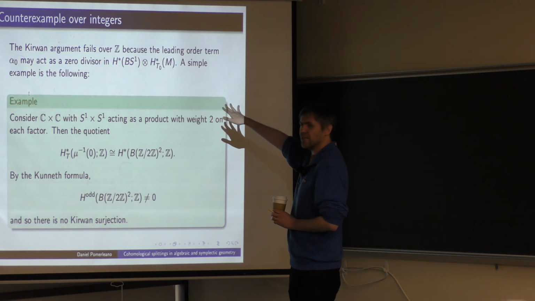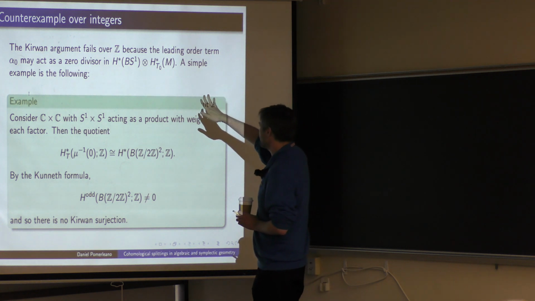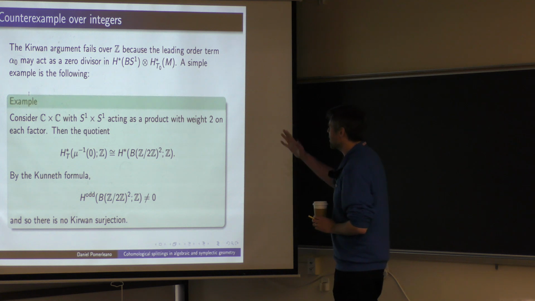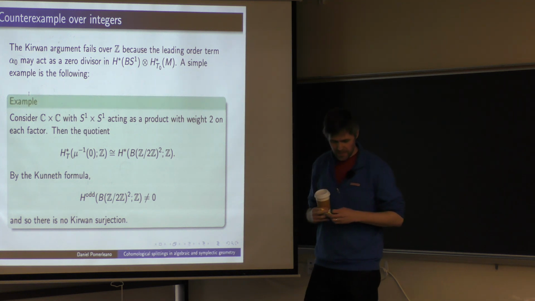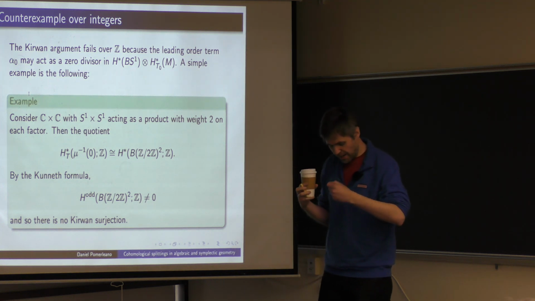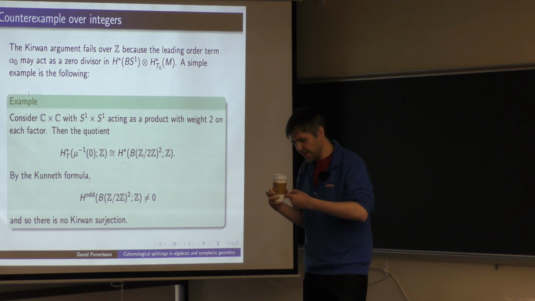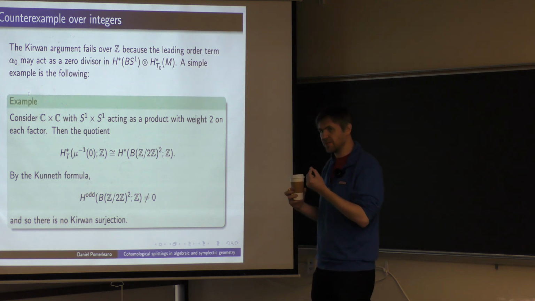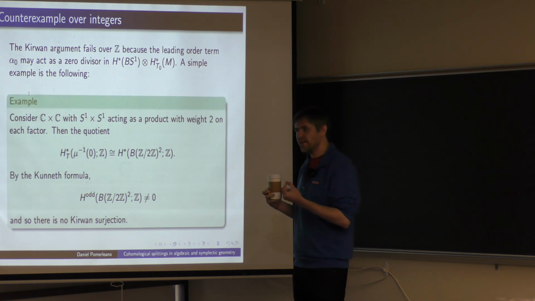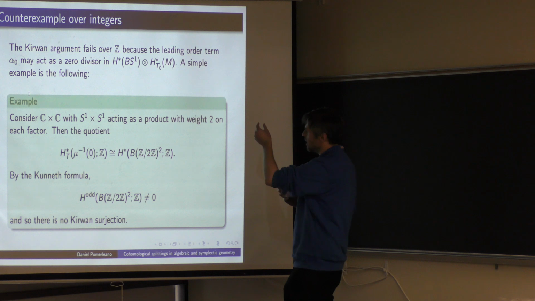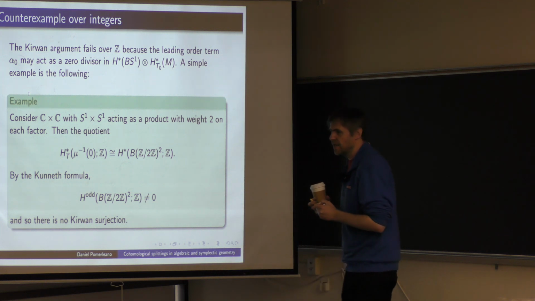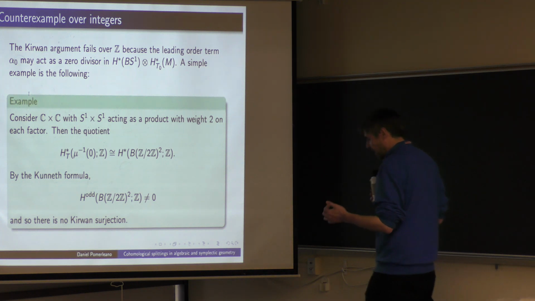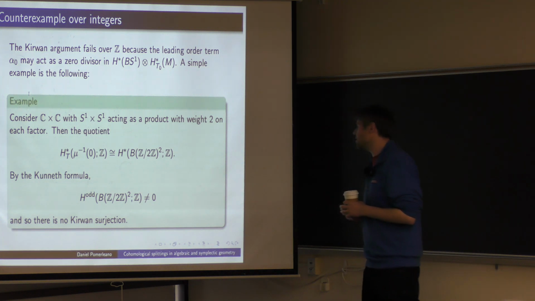If you had some torsion, for example, in this other piece of the cohomology, or maybe it's better to think about if you were working mod p. If you're working mod p and your weights are all suitably divisible by p, then that leading order term will just identically vanish mod p, and so you wouldn't be able to prove the surjectivity, and indeed it doesn't work.